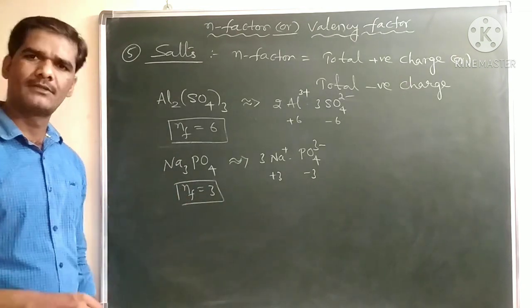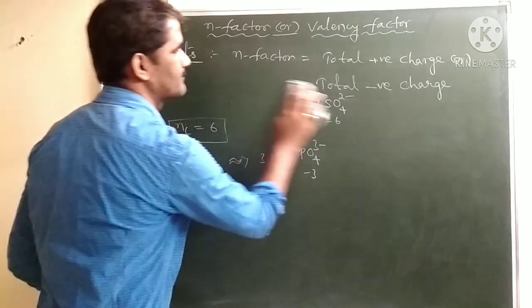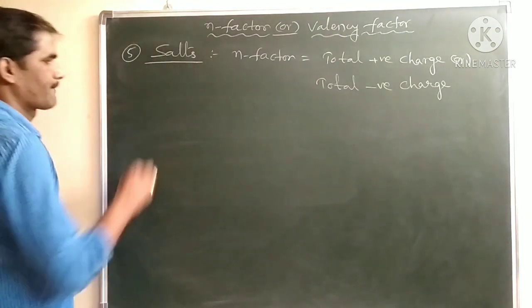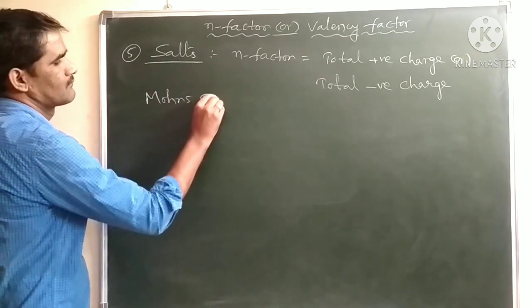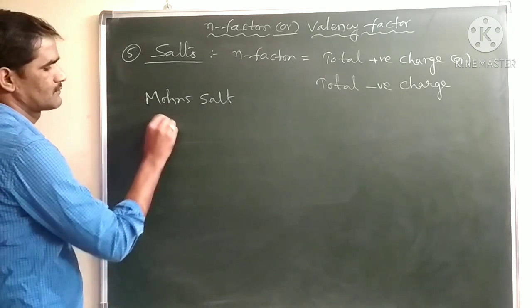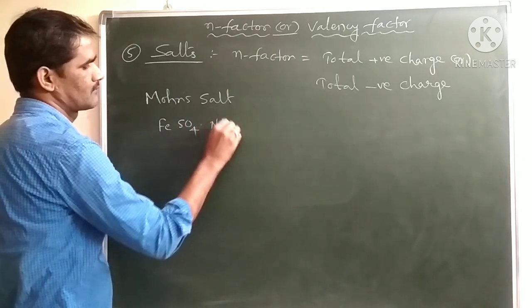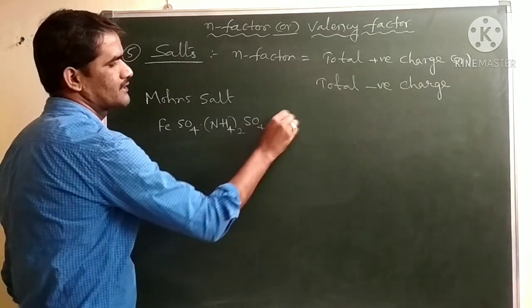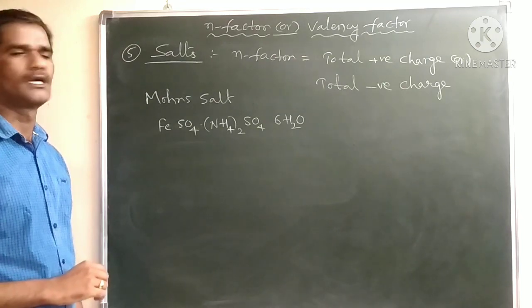The same you can apply for double salts also. Let us take some double salts here. Mohr's salt, ferrous ammonium sulfate: ferrous sulfate, ammonium sulfate, 6H2O. This is the chemical formula for Mohr's salt.